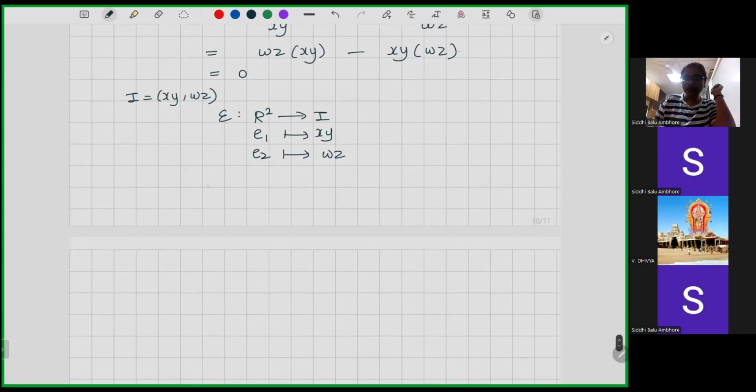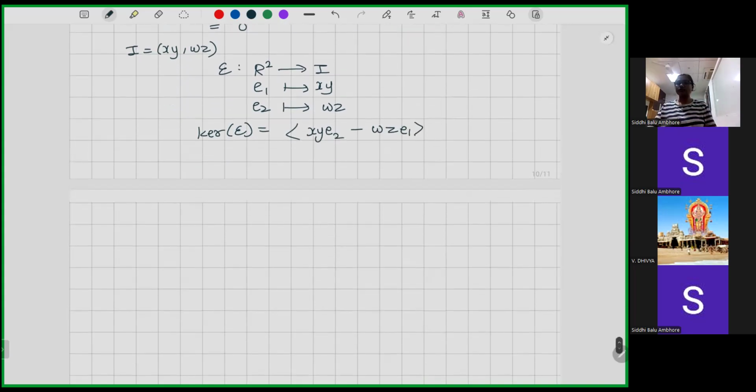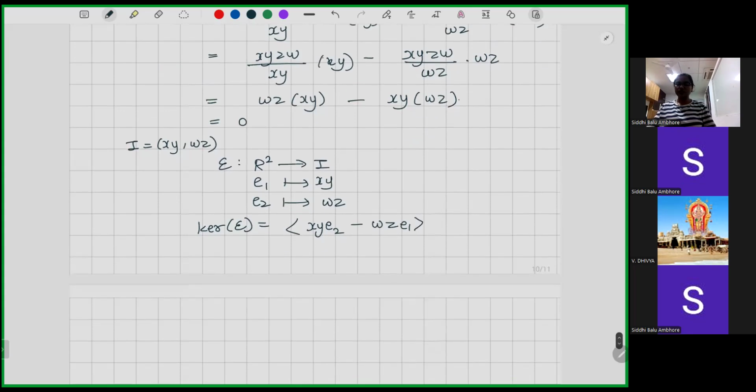The kernel of this map epsilon is just XY E2 minus WZ E1. This is similar to what we got here. E1 goes to XY and its coefficient is WZ; E2 goes to WZ and its coefficient is XY.